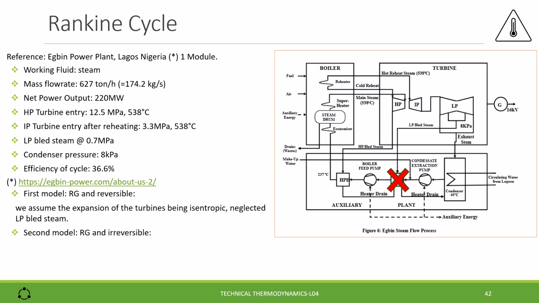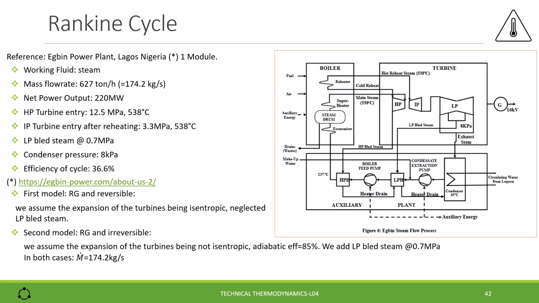In the second model, still real gas, but the transformations inside of the turbines are irreversible. We assume the expansion of the turbines being not isentropic, but we take an adiabatic efficiency of 85%. Moreover, we add the low pressure bled steam at 0.7 megapascal. In both cases, we keep the mass flow rate declared by the power plant.